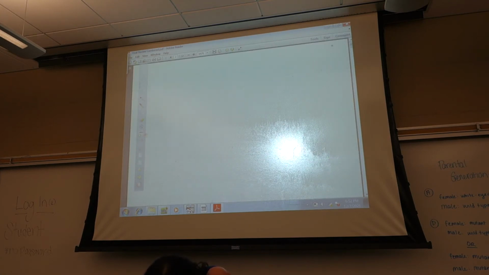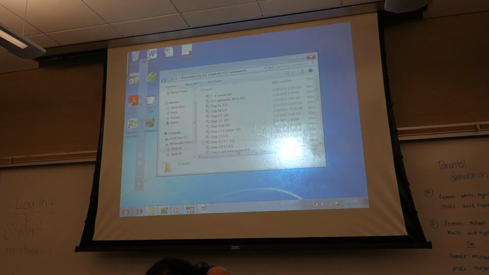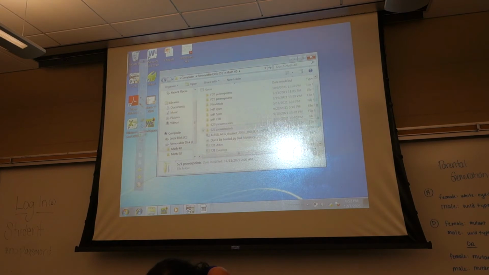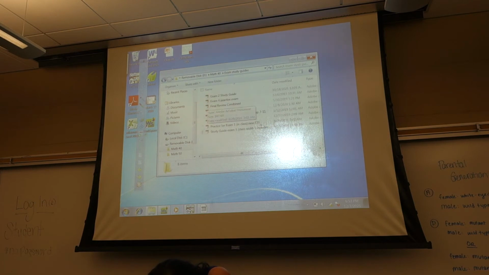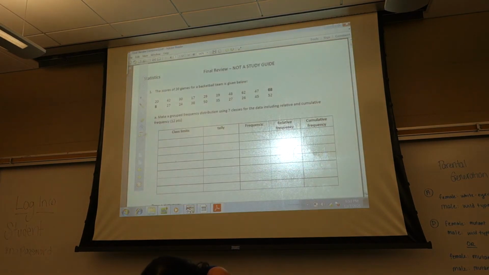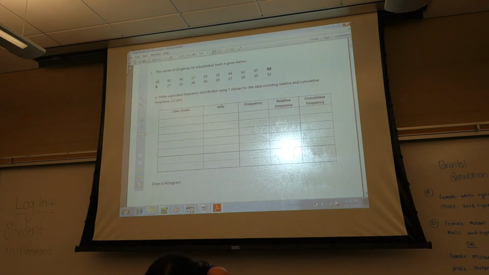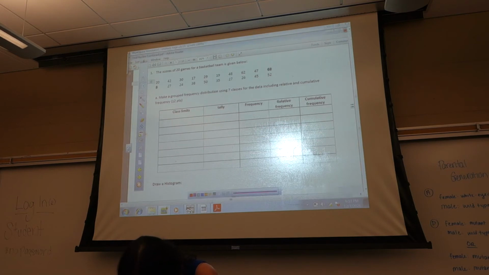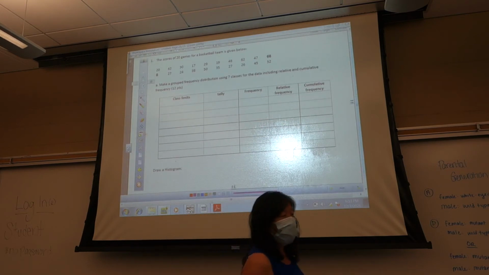This one right here: scores of 20 games for basketball teams given below. Group frequency distribution for 7 classes.